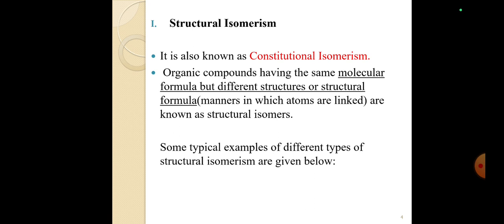So see the definition. It is also known as constitutional isomerism, and structural isomerism is organic compounds having the same molecular formula but different structures or structural formula. It means the atoms are bonded together differently. So we'll see the examples here.